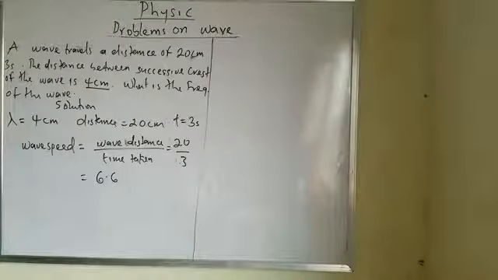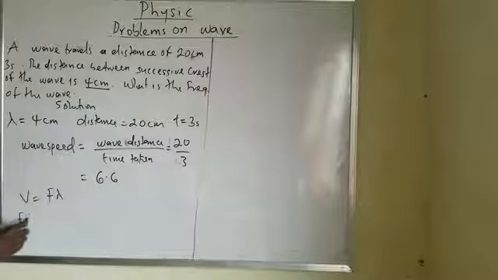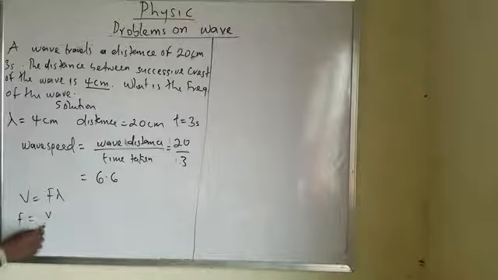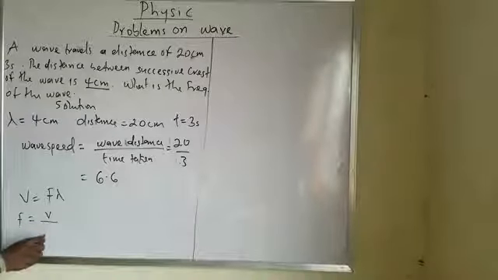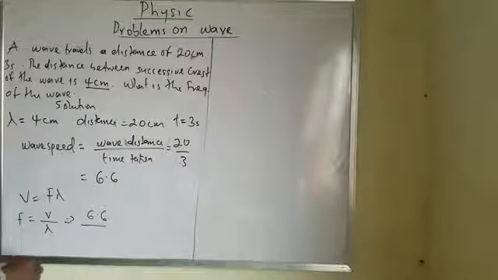Now, since I know that, I will now say that my wave velocity equals frequency times lambda. So my frequency will be equal to wave speed all over wavelength. Now, what is my wave speed? We have 6.6 divided by 4, where my wavelength is 4, which is my lambda.